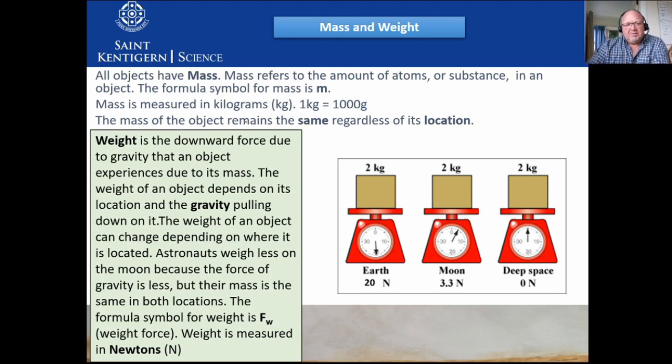The mass of an object remains the same regardless of its location. So if your mass is 60 kilograms, your mass is 60 kilograms. If I put you on the moon, the moon has 1/6 the gravity of Earth.